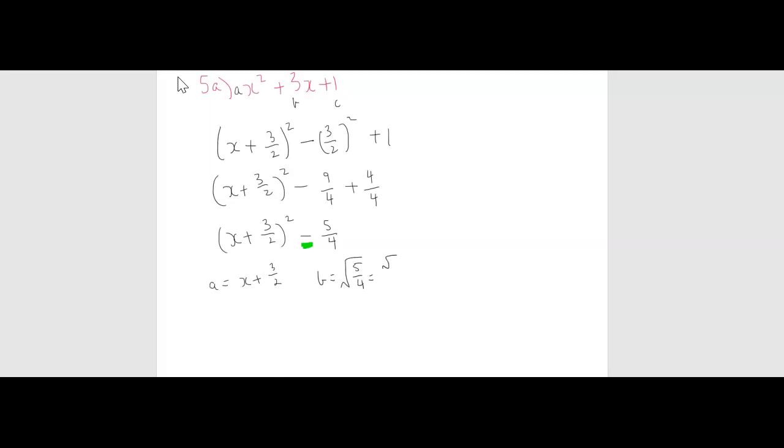Now remember, we can write that as root 5 on 2. Okay, so we're going to have x plus 3 on 2, so a plus b, which is root 5 on 2. And then we're going to have x plus 3 on 2 minus root 5 on 2.